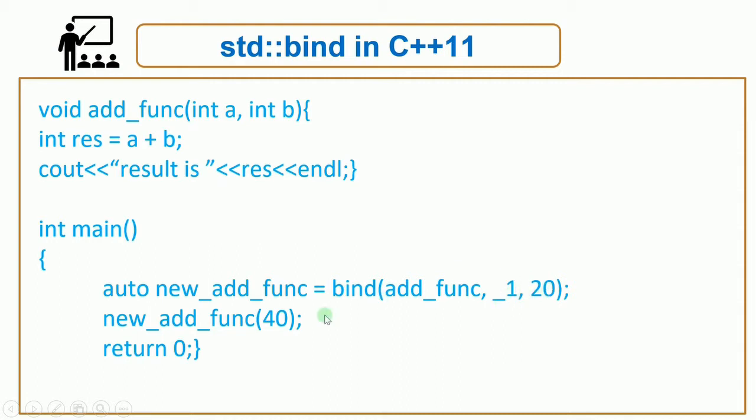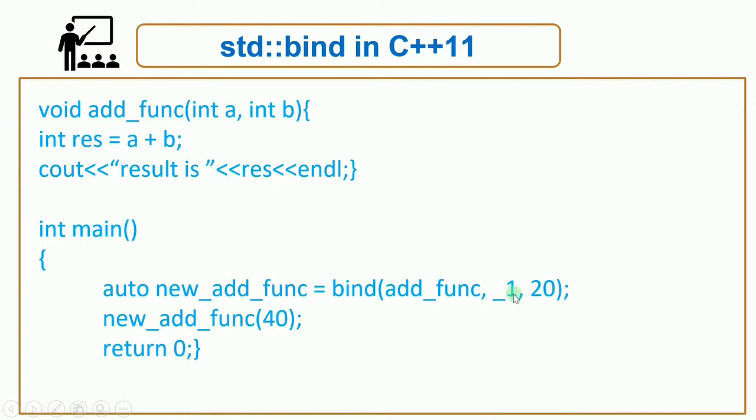That means the new function will take only one argument. You can see the new add function is taking only 40. It is not taking two arguments. So how has it been modified? This will decide it.